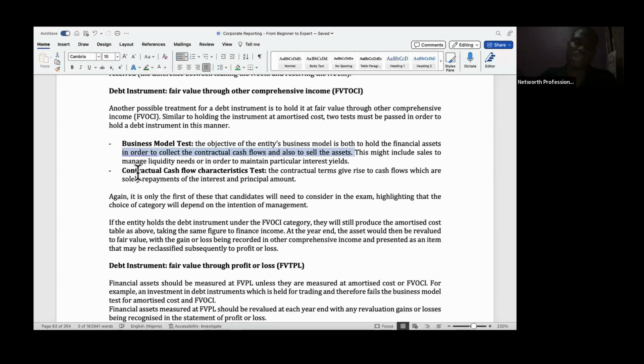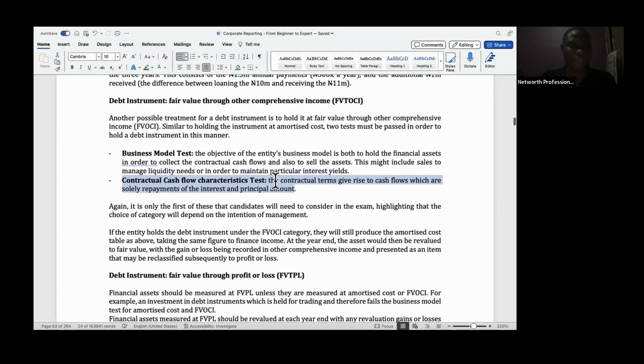And the contractual cash flow is just saying that there should be a contract that says we have agreed that you collect interest and principal. So you see, identifying the classification for debt investments is majorly around the business model and the contractual cash flow. The business model is nothing beyond how you are making money.